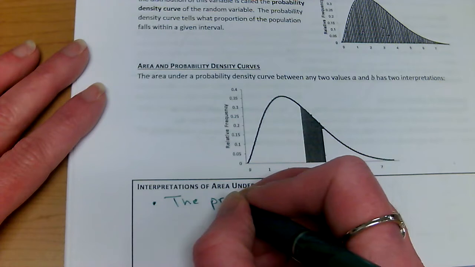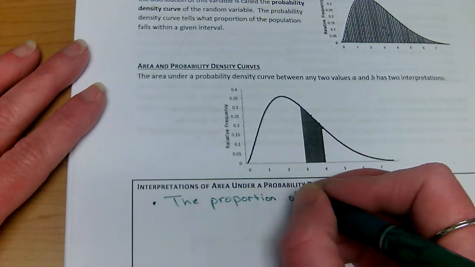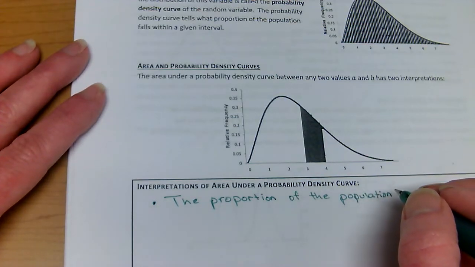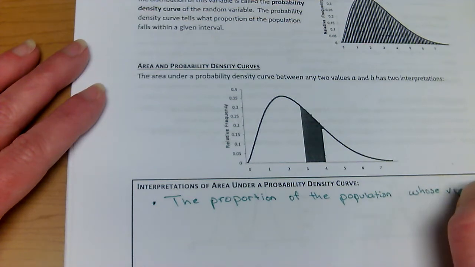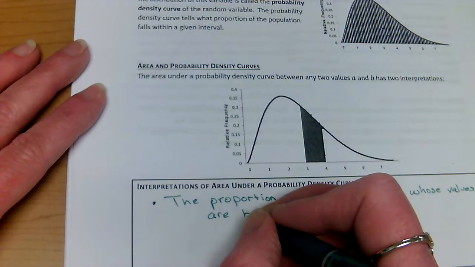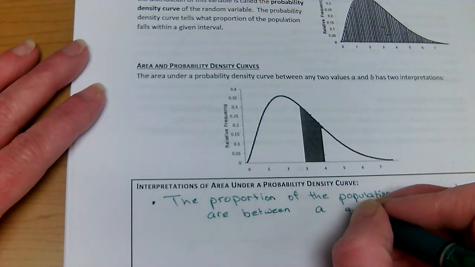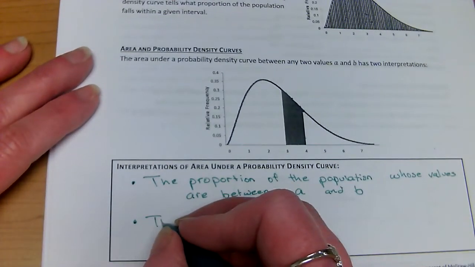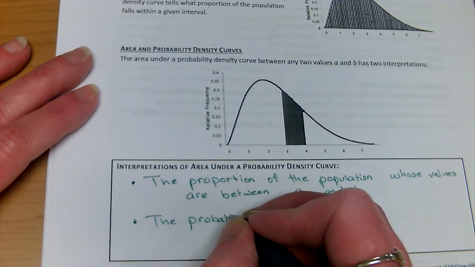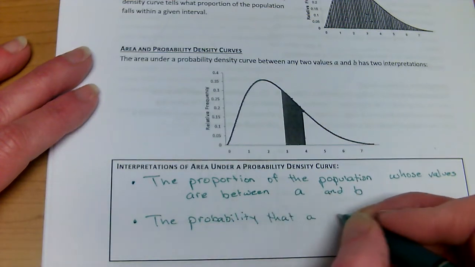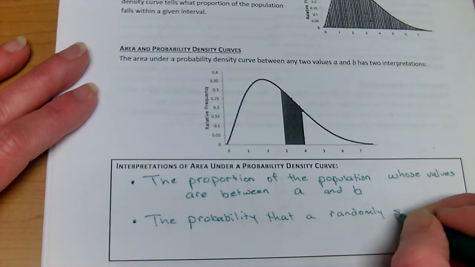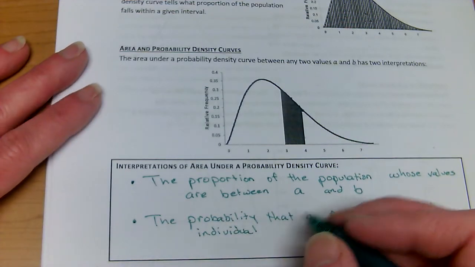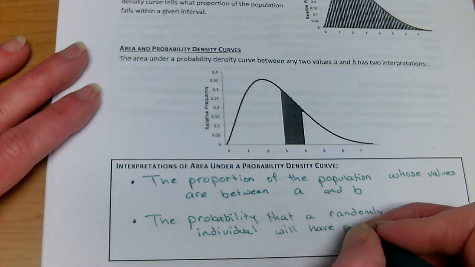the proportion of the population whose values are between, let's say, A and B. But you could also think of it as the probability that a randomly selected individual will have a value in that range.